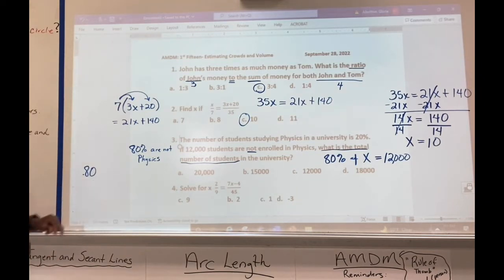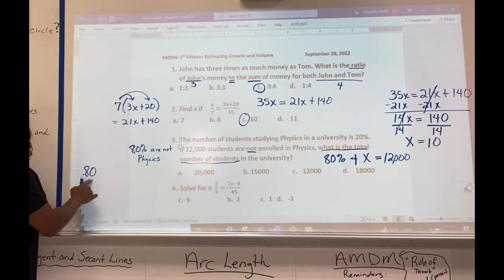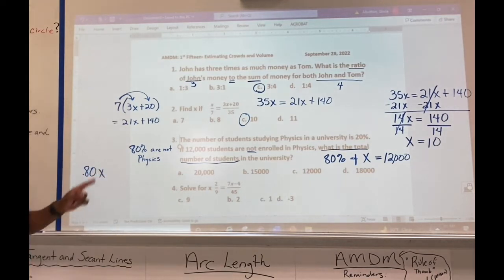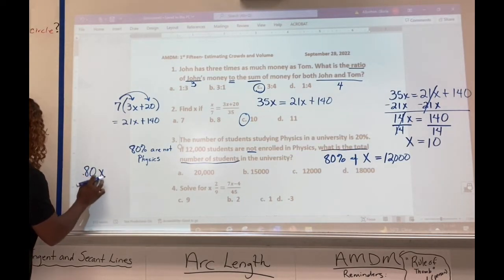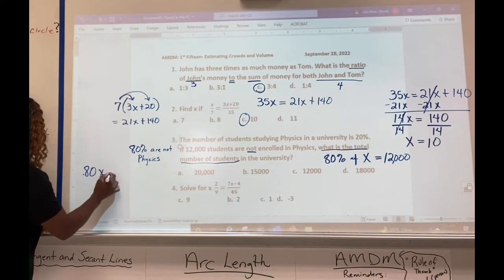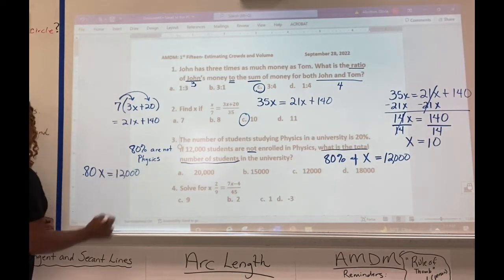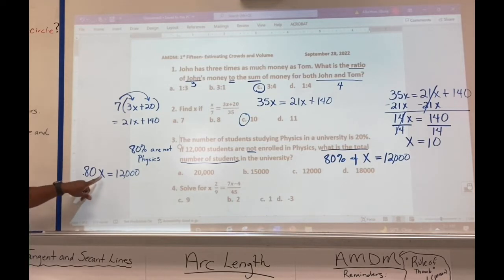But I just wanted you to see that I've changed the percent to a decimal. So 0.80 times X, because remember, the word of means multiplication. So 0.80 times X is equal to 12,000 students. Okay, 80% of the total amount of students is 12,000.